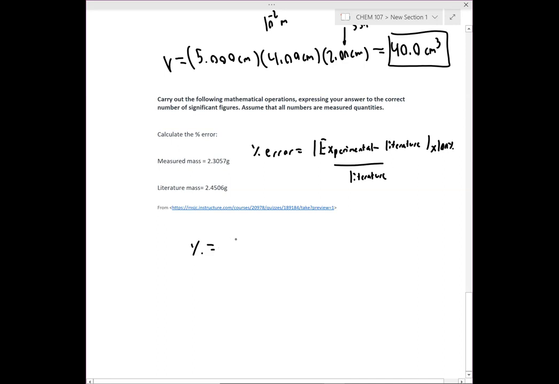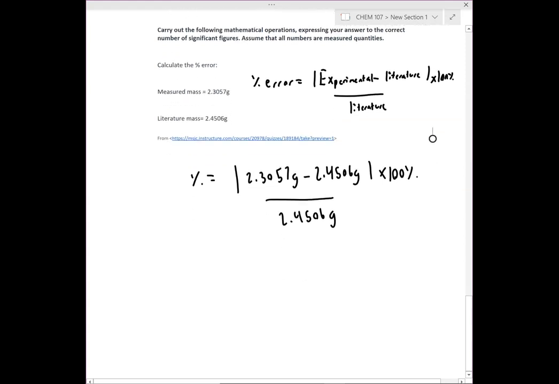So plugging in, our experimental mass is 2.3057 grams. Our literature mass is 2.4506 grams. So this problem is testing your ability to perform multi-step calculations following significant figure rules.